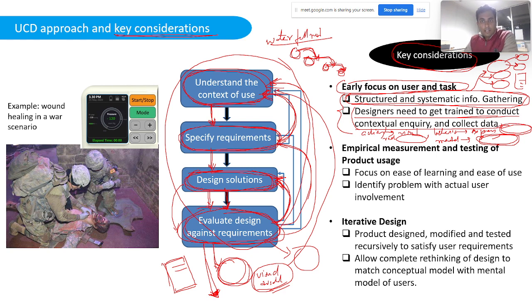Prior pilot studies are generally conducted to understand this. For example, designing a mobile application can probably be easy, but imagine a designer is sent to a war scenario to understand the requirements.